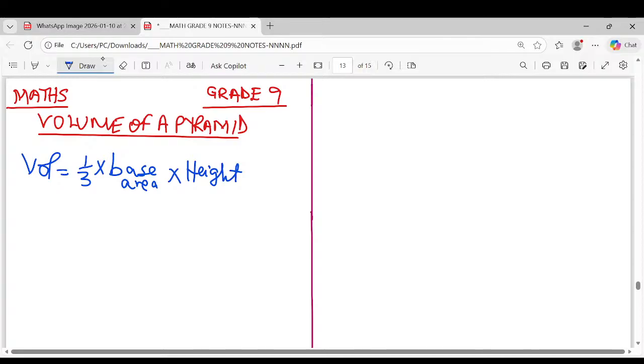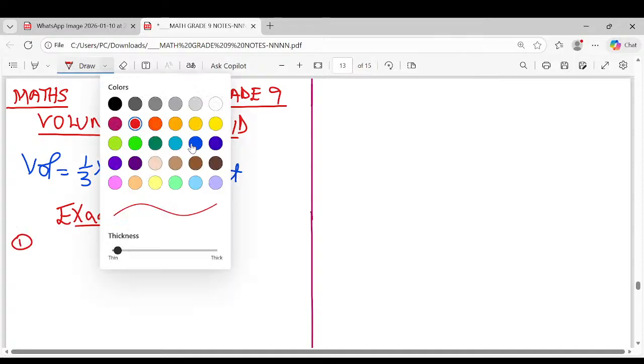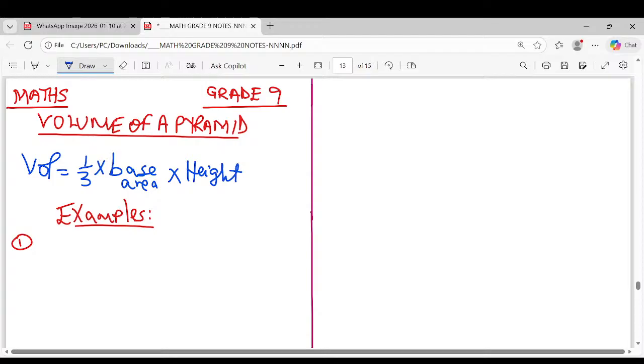Let's have a look at some case examples. Example 1. You can get a question saying, calculate the volume of the figure below.